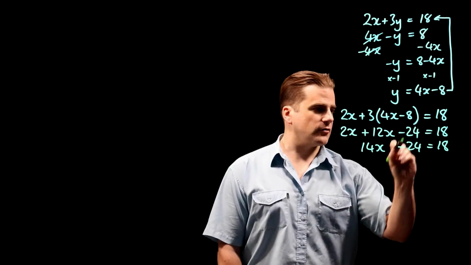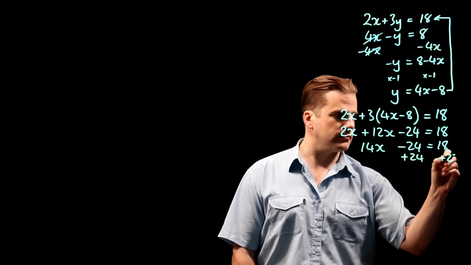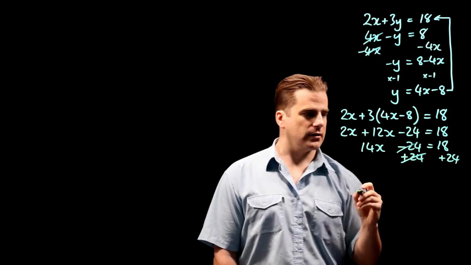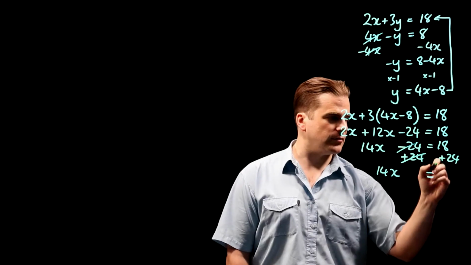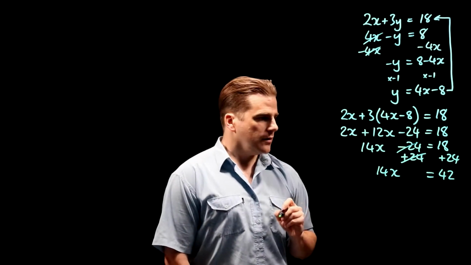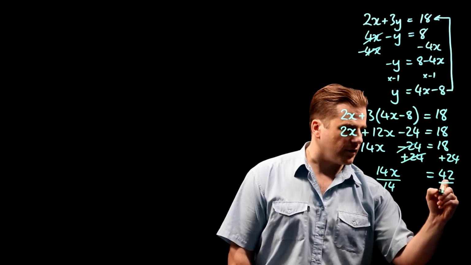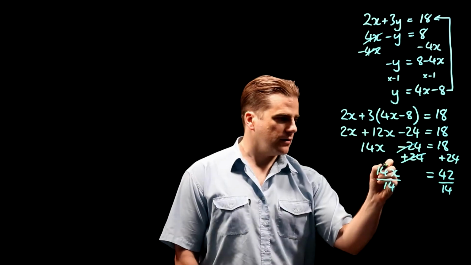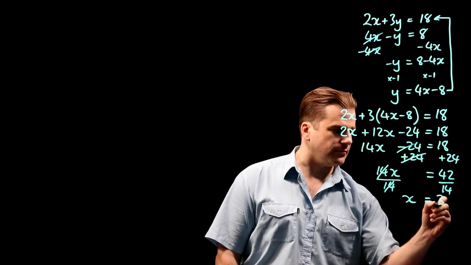Okay, get the 24 over there by adding 24 to both sides. We get 14x is 18 plus 24 is 42. And finally, get the x by itself by dividing both sides by 14. And we get x is 3.